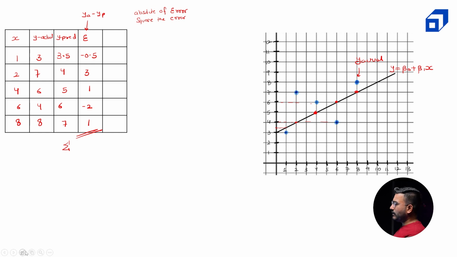Now there is a mathematical reason why I am going to go with this option. We are going to utilize the square of the error concept, not the absolute of the error. The reason is that square of the error is a differentiable function.